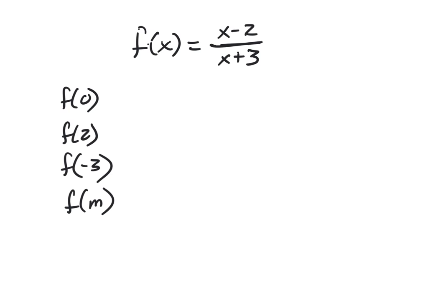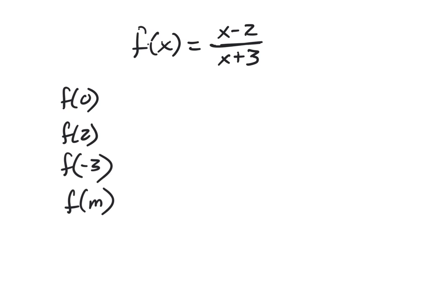Okay, so there is a fraction. The other thing you'll notice here is that we have a variable in two different spots. So when I plug that number in, whatever number it is that I'm plugging in, or a variable, like in the case of the last one, I plug it in wherever there's an x.